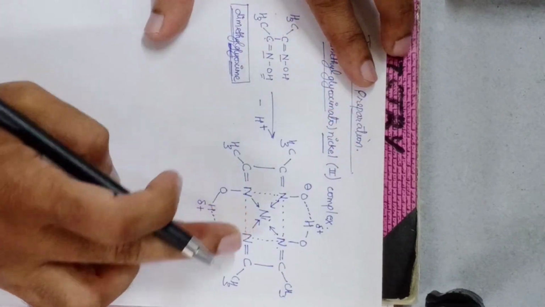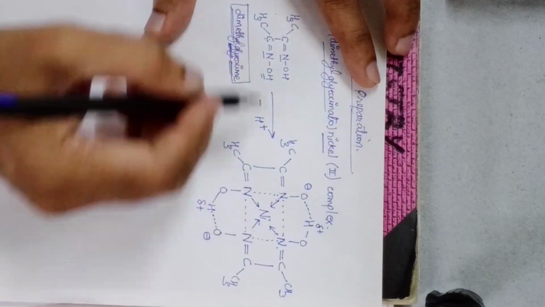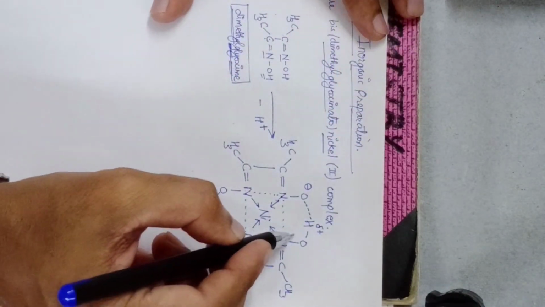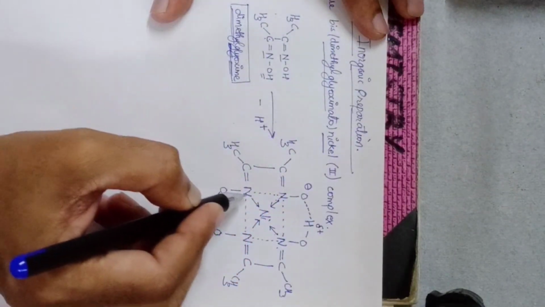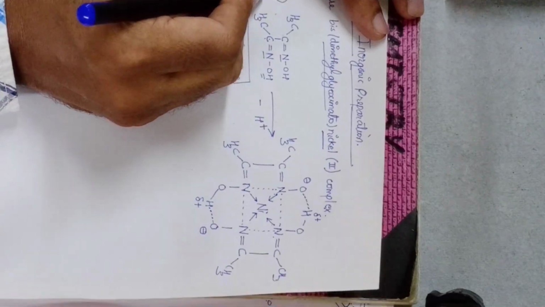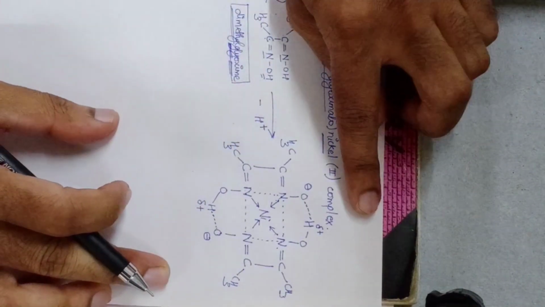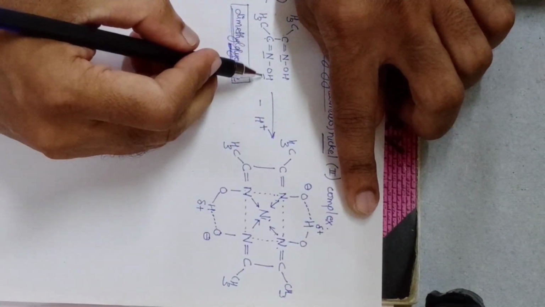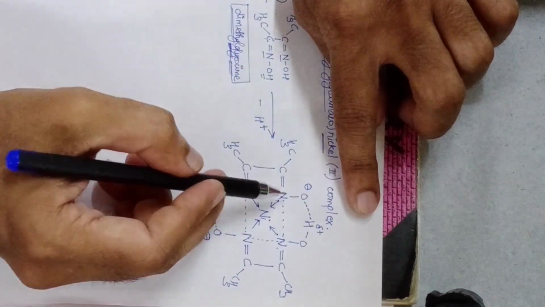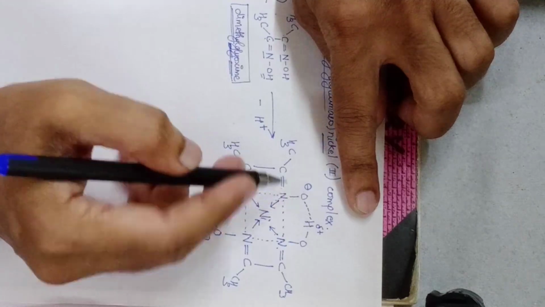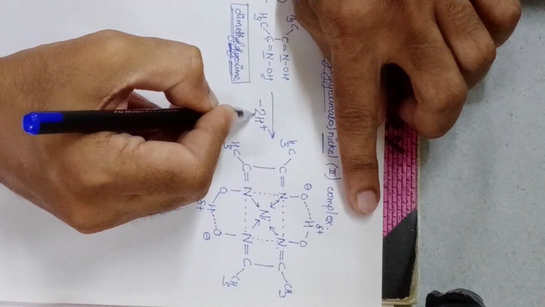What we can see is there are two ligands, two dimethylglyoxime ligands that are used. This is one dimethylglyoxime molecule, this is another dimethylglyoxime molecule. So two dimethylglyoxime molecules. Furthermore, every molecule is losing one proton. This molecule has lost a proton from this oxygen. This molecule has lost a proton from this oxygen. So two protons are lost.